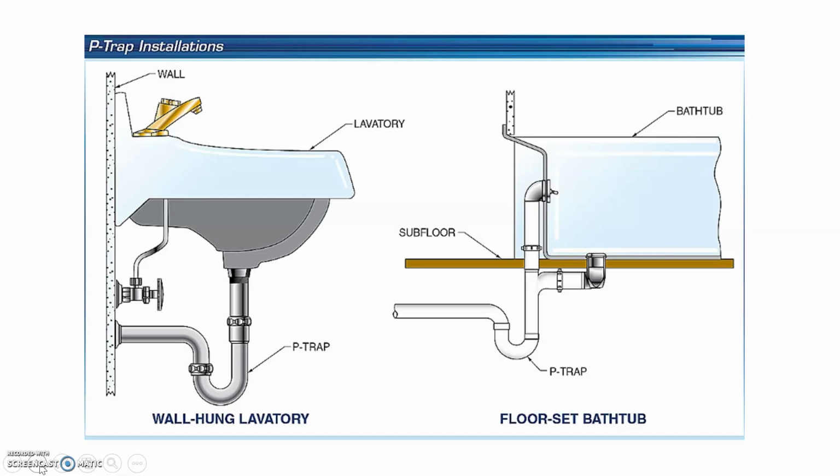That's because it's going to be in the floor and ceiling, and we do not want a chance of leakage by having a union in there, and it will not be accessible. So the P-trap connects the overflow area as well as the drain of the bathtub into the trap and out, on its way to the trap arm, and eventually down into the sanitary building drain and out to the municipal sewer.